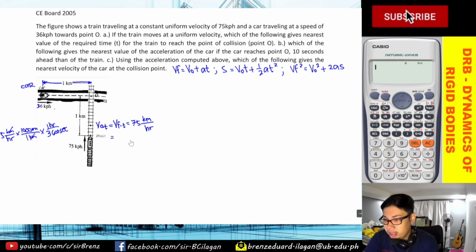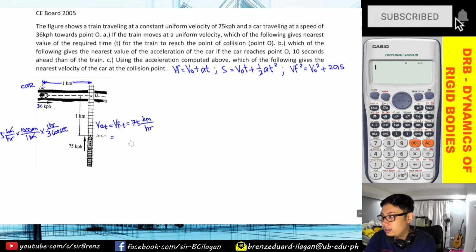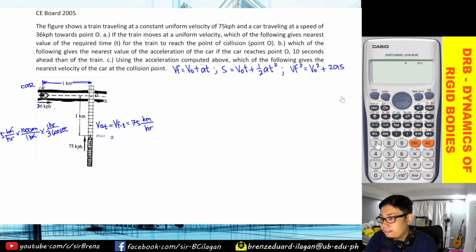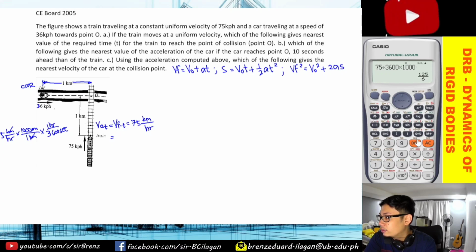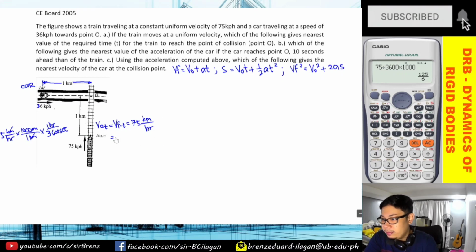So, itong kanyang velocity is equivalent sa calculator, 75 divided by 3,600 times 1,000. So 125 over 6 meter per second.